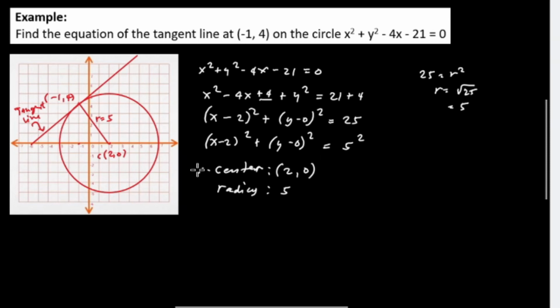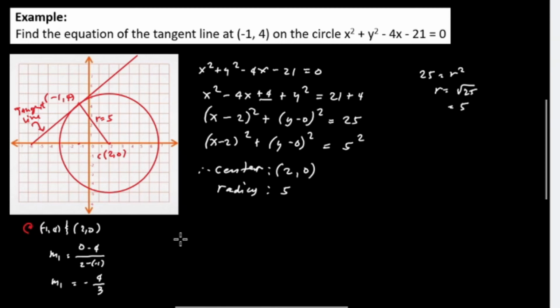So let's first find the slope of the line from the center to the point (negative 1, 4). At (negative 1, 4) and (2, 0), we have the slope m1, equal to 0 minus 4 divided by 2 minus negative 1, and this is negative 4 over positive 3, and that's m1.